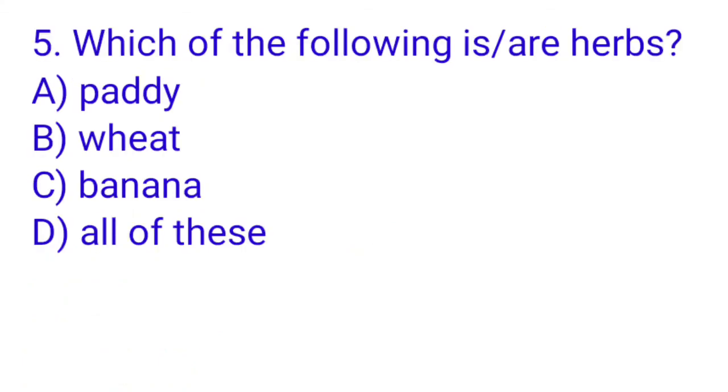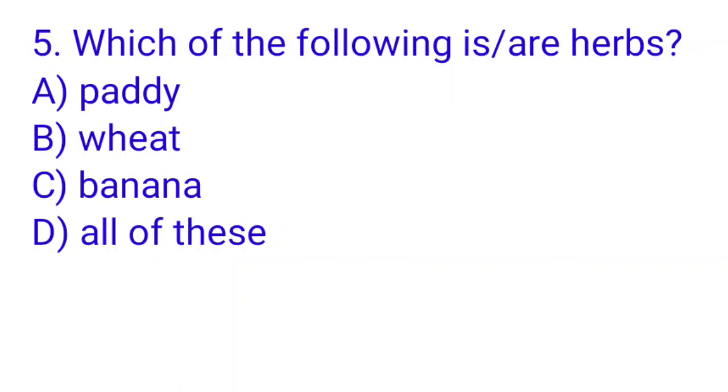Question number 5. Which of the following is a herb? The options are A. Paddy, B. Wheat, C. Banana, D. All of these.